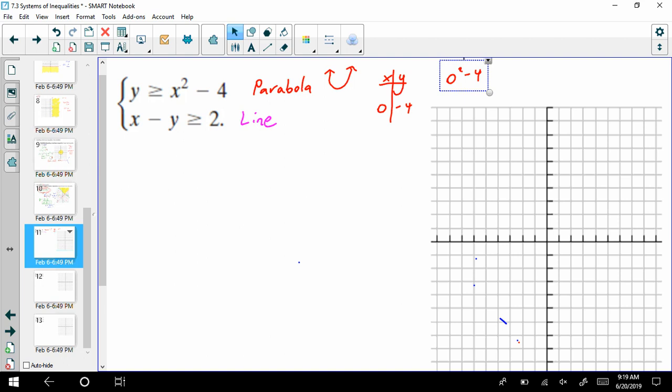So let's plot that point. 1, 2, 3. 0, -4. Let's plot some other points. It would be really nice, and this is what you're going to have to do on MyMathLab. Let's figure out where it would cross the x-axis. So if I plug like 1 in, 1 squared minus 4, I'd get -3 out. 1, -3. Okay, that's not quite enough yet.